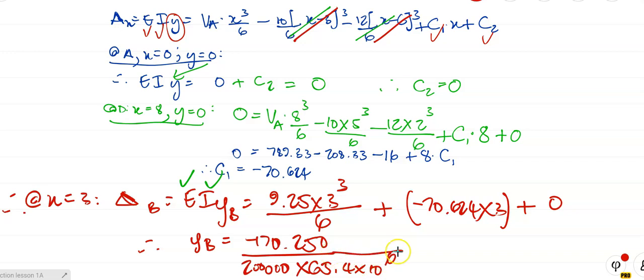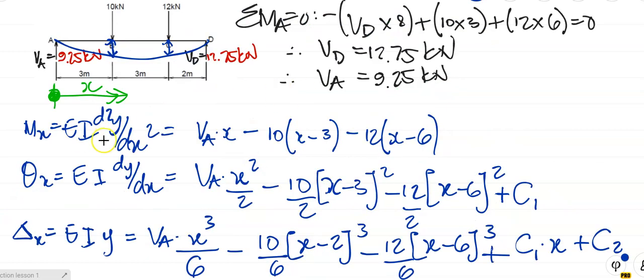Now, are you tuning in? Remember when we started all of this? We took moments. So that was a force, distance, force, distance, force, distance. Definition of a moment. Then we integrated once and we integrated twice. And of course the units went nuts. So we need to smooth it all out.